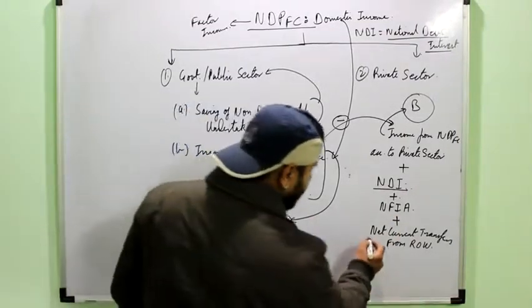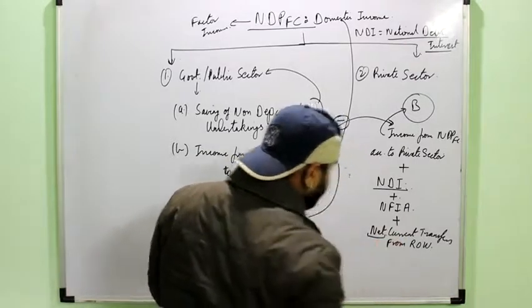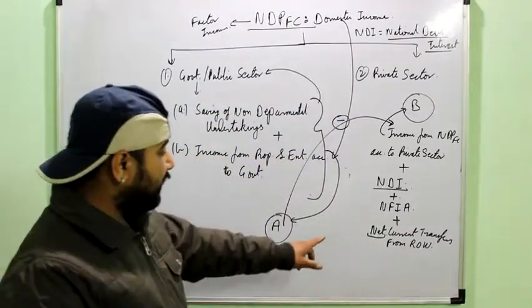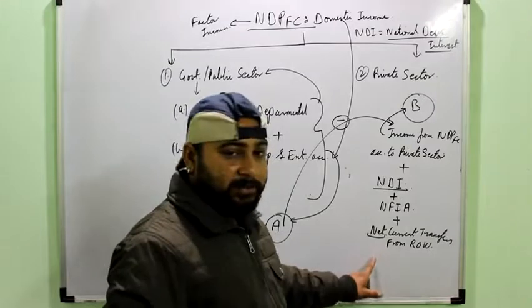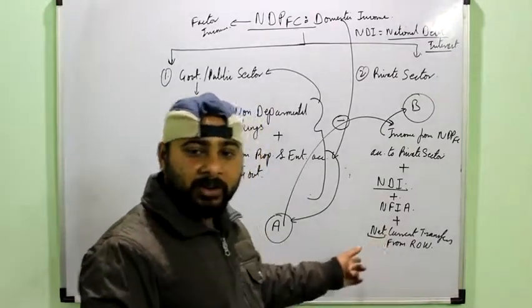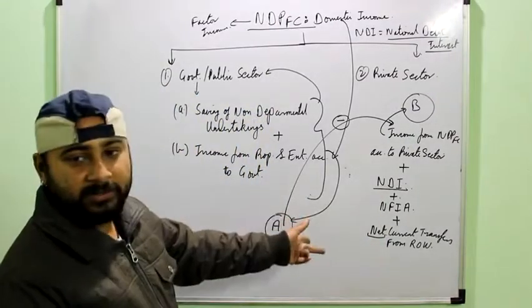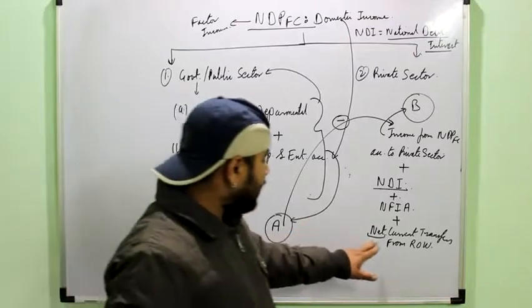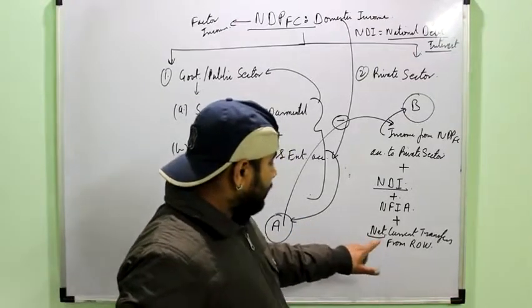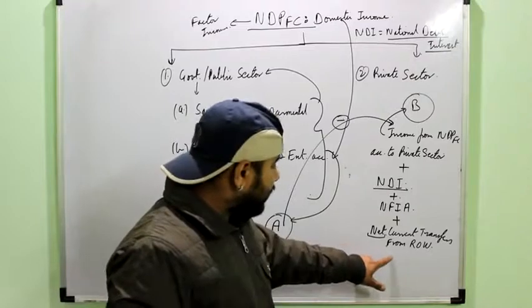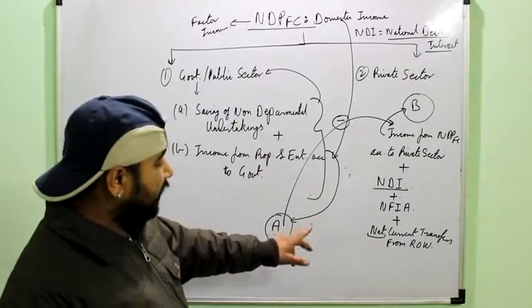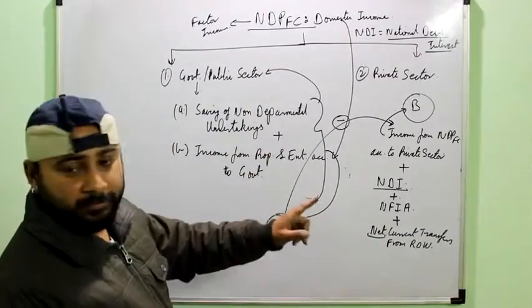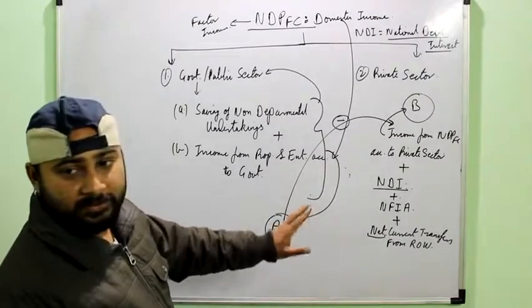And there is a motive behind writing this word net here. Net means that the current transfer can be from ROW and to ROW. It means my country may have given transfers to the rest of the world. So in that case, net will be found out by subtracting the current transfers to abroad from the current transfers from abroad.